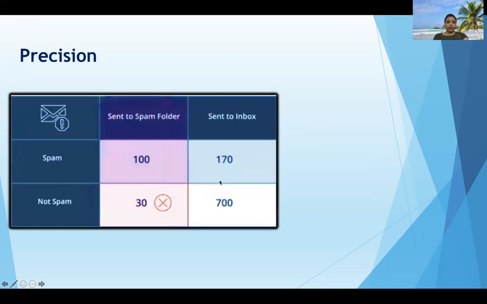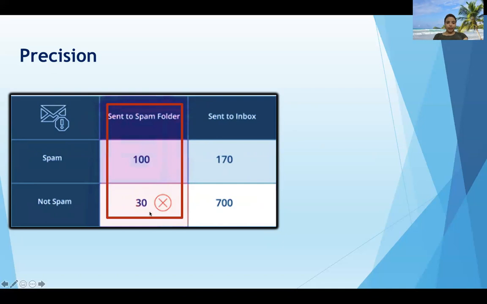Now look at this spam detector model. Here we want to calculate the precision for this model and compare it with the previous model. We know that in this model precision is important, as I explained in the previous session, because we want to avoid the false positive case. This false positive case is in this column, which we want to avoid.